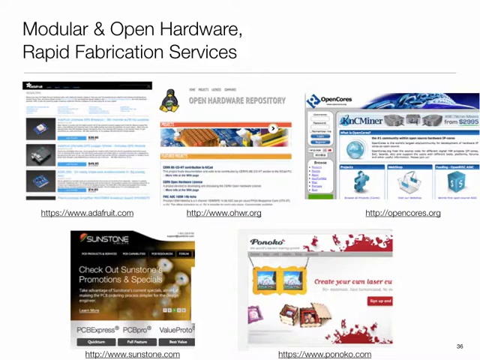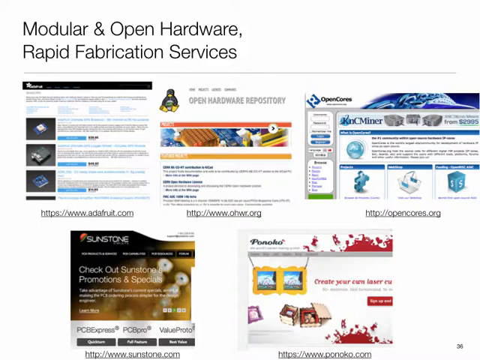Then a lot of open source hardware. We obviously hear a lot about open source software, but there are tons and tons of open source hardware around. And what I mean is design files which you can take and ship out and get things fabricated, modify if you need, create your own chip.